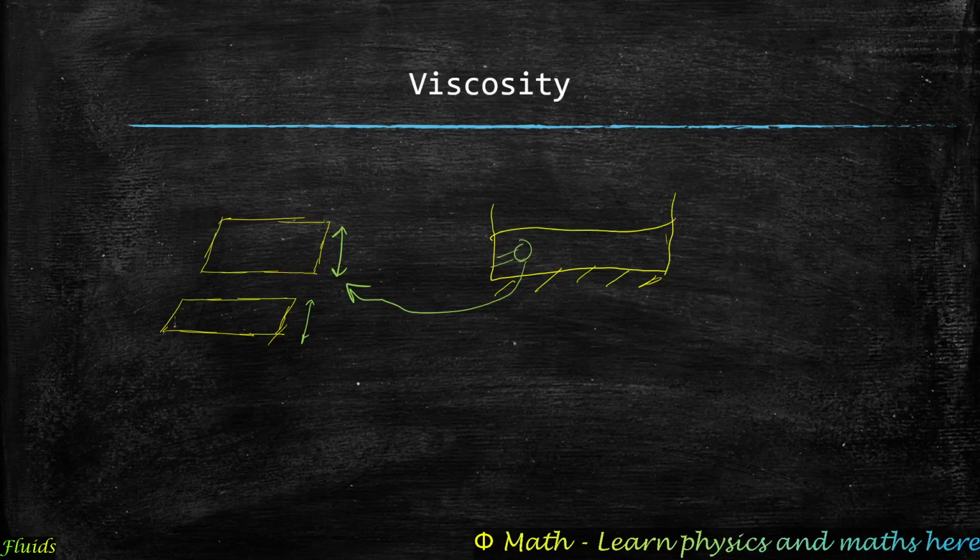So from this we can see and say that the viscous force is proportional to area. It is proportional to the relative change in distance or change in velocity, where this has a velocity v, and this is a distance dz.